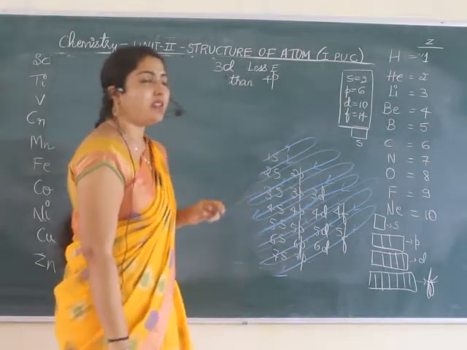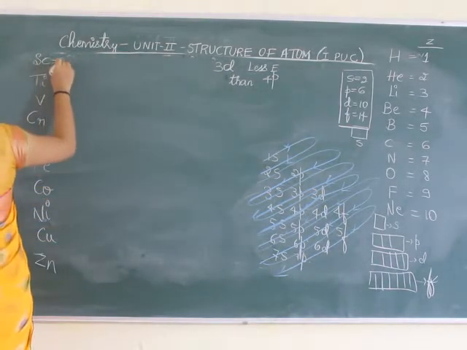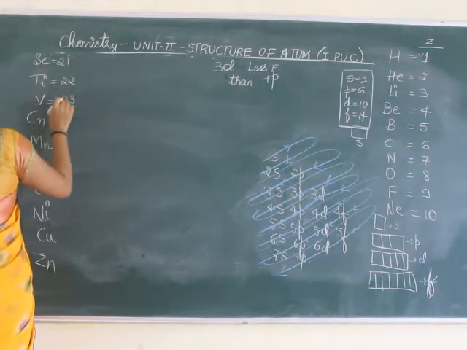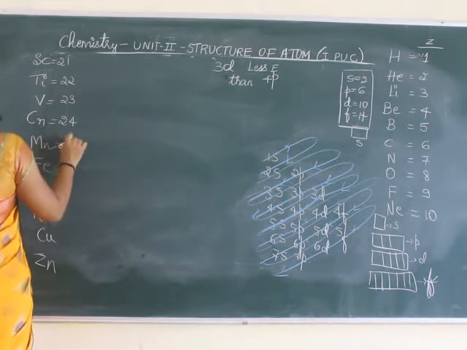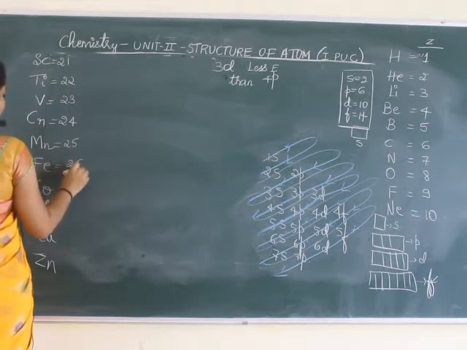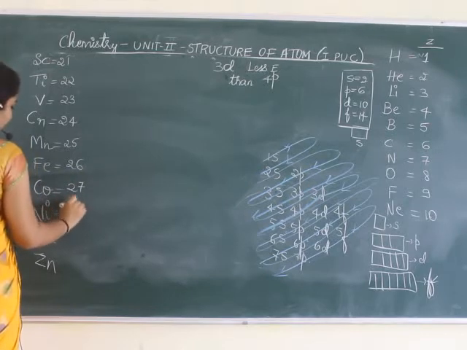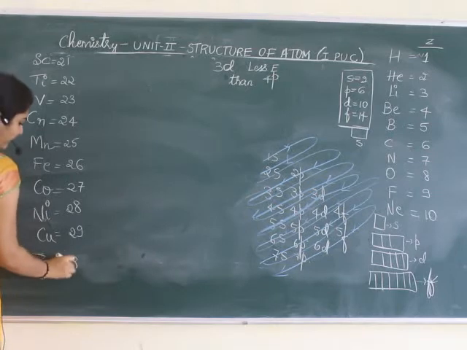They get filled in the 3d shell. So scandium is 21, titanium, vanadium, chromium 24, manganese 25, iron 26, cobalt 27, nickel 28, copper 29, and zinc 30.